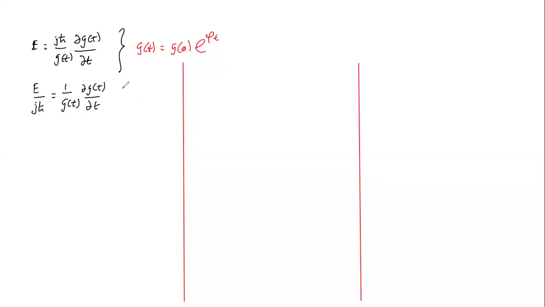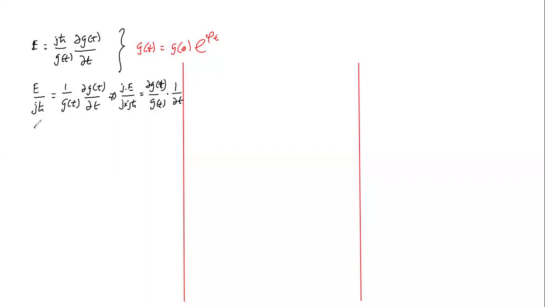And now this is going to give us, to rationalize, j times jħ, which is the same as dg of t over g of t, times 1 over dt.